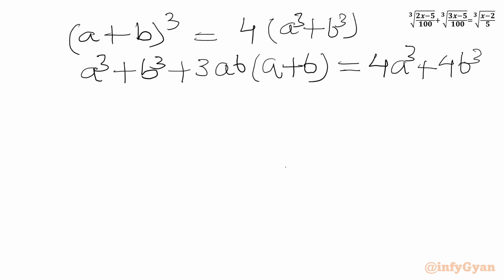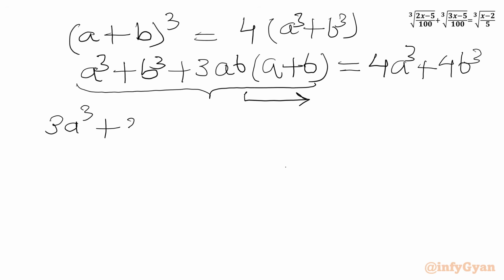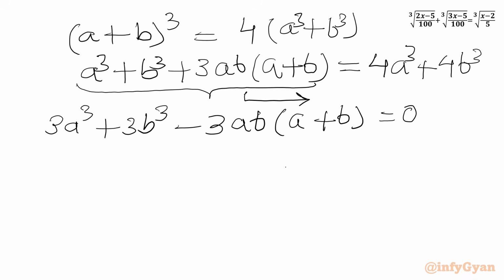Now we will take all the terms of left hand side to right hand side. So 4a cube minus a cube, we will get 3a cube. 4b cube minus b cube, we will get 3b cube. Then we'll write minus 3 times ab, a plus b equal to 0. Now 3 is common.